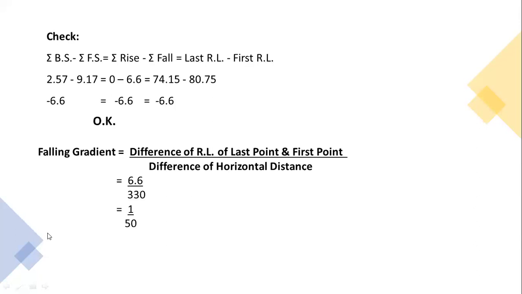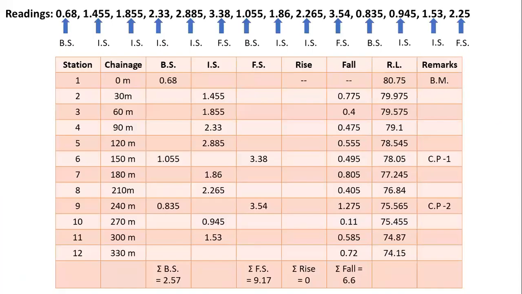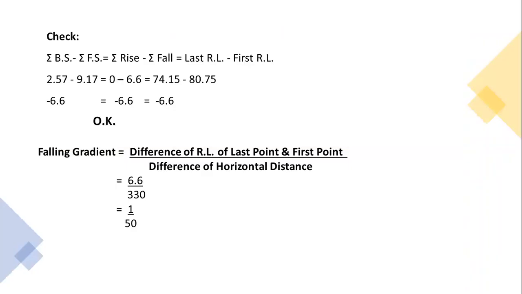In the table, the last distance is 330 meter and the first is 0, so the difference is 330 meter. So 6.6 divided by 330, the falling gradient is 1 in 50. From the answer we can say that the ground is a falling ground.